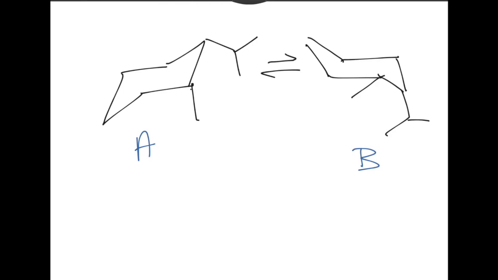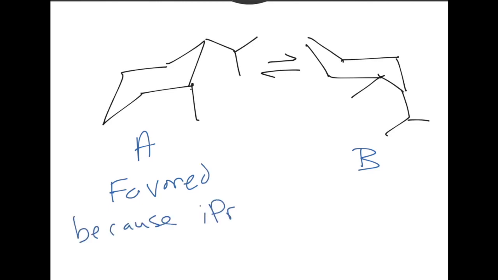Isopropyl is bigger, thus it wants to be equatorial. So this would be favored. You have to look at these and go, which one of these groups is bigger? And that's the one I want to be equatorial.